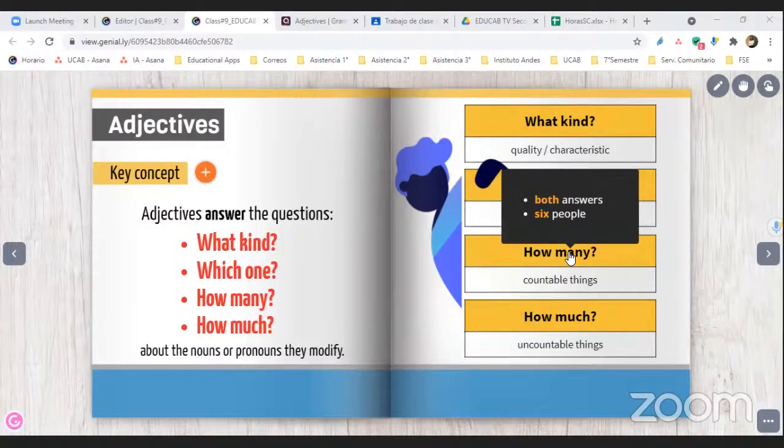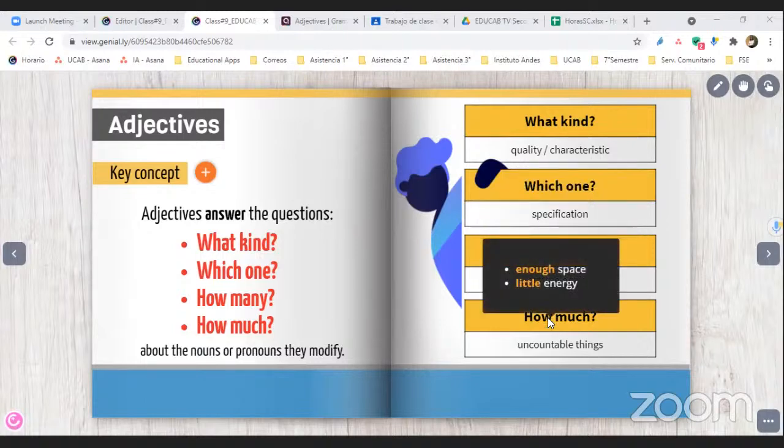So those are different answers. For example, I like biology and history. So I like both subjects. So I can count the subjects I like at school. And 6 people because I can count people. Okay, one person, two people. I can count a human or a multitude of human beings.